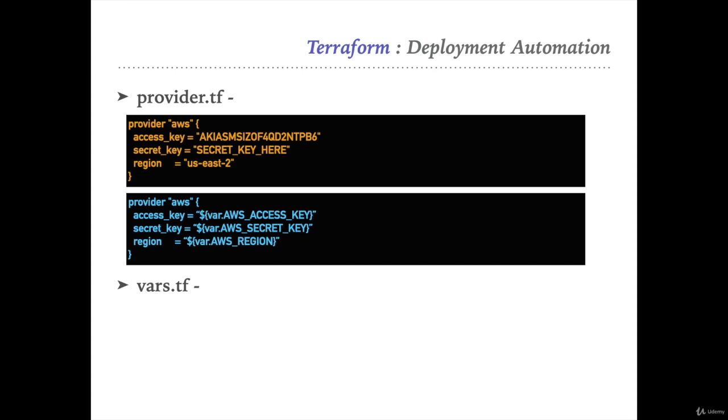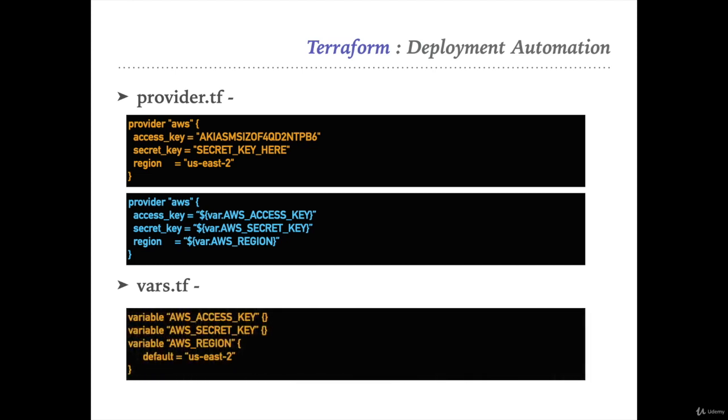After this, we will create the vars.tf, or you can create the variables.tf file. Inside the vars.tf or variables.tf file, you can declare your variables. So over here, we are declaring the variable AWS access key. This variable is null. Then we are defining another variable, AWS secret key. This is another null variable. Then we are defining a variable called AWS_region. The same three variables we are using inside the provider.tf file.